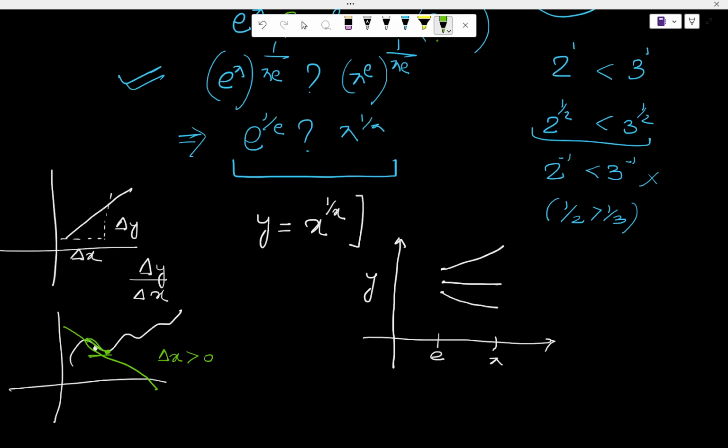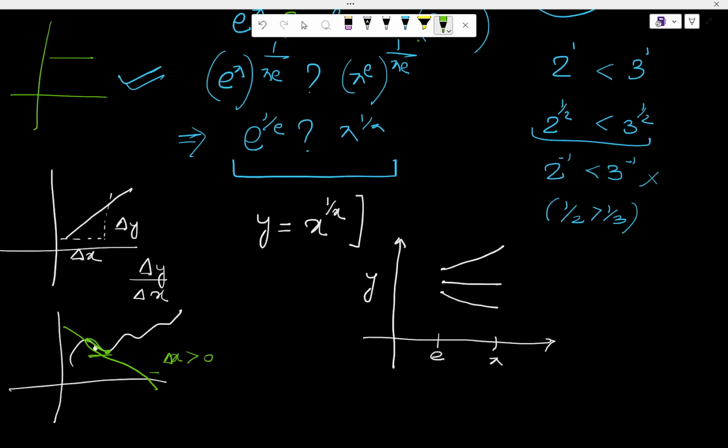At this new point, the y value is actually lesser than what it was previously, so del y is negative. Okay. So since slope is del y upon del x, change in y by change in x, slope is negative.